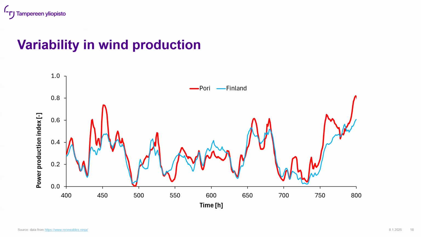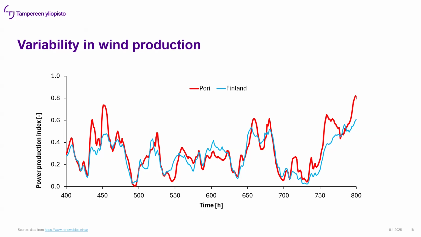So the variability in wind production, that's something that we have to take into account also in the energy system models, and then local wind production versus the capacity factor. So production versus capacity, production divided by capacity. In Pori region, you can see there are a bit more steep changes.